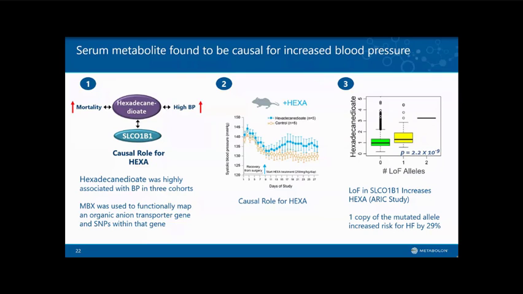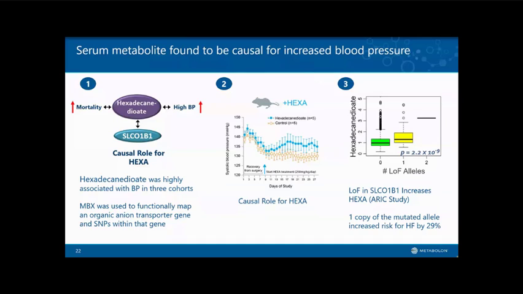They found in this population that relative to control individuals, which have the reference alleles or are homozygous for no change or no mutation, individuals with loss of function in one allele of the SLCO1B1 gene showed measurably higher levels of this metabolite relative to control individuals that had both normal copies, and that loss of function of both alleles, which is on the right side of the screen, shows markedly higher levels of hexadecandiol.